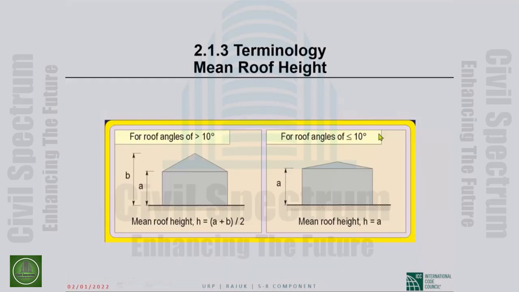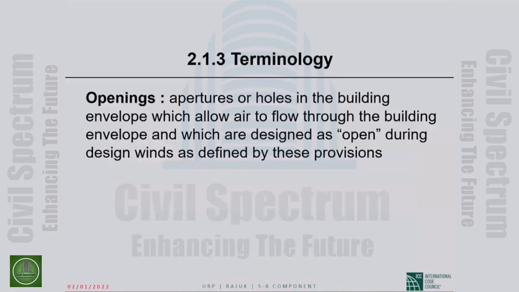If the roof angle is less than or equal to 10 degrees, which is quite often the case, we take the eave height as the mean roof height. Okay, so that is something you have to catch on to in ASCE 7 design. For flattish roofs, theta less than or equal to 10 degrees, the eave height is taken as the mean roof height.